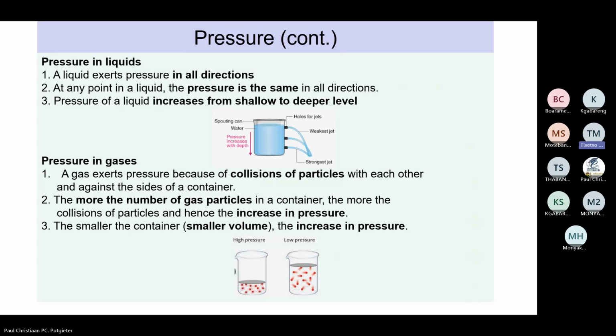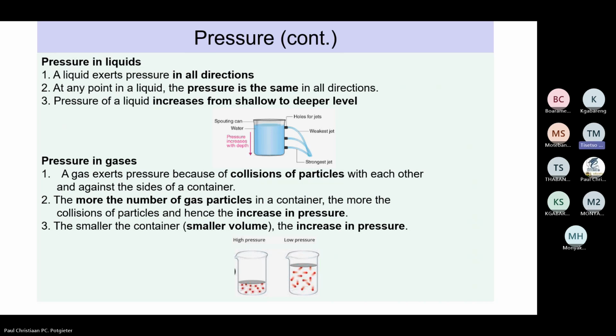So the beaker on the left-hand side has got particles that are grouped into a very small space. They collide more often, hence more pressure, whereas the particles in the right-hand beaker have got more room to move, so they collide less often, so the pressure is also less.